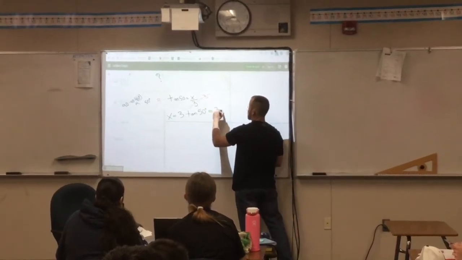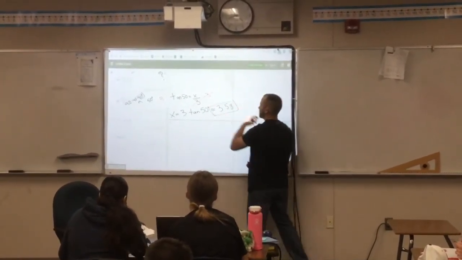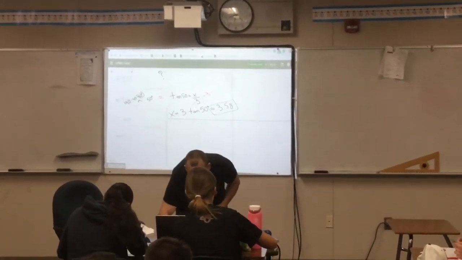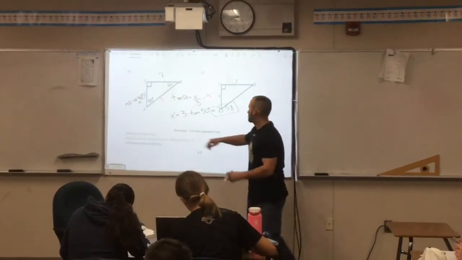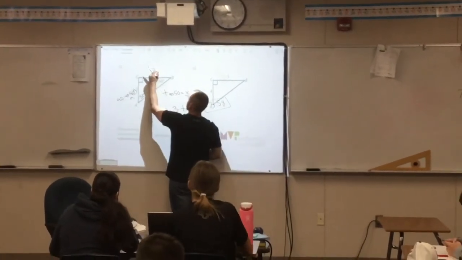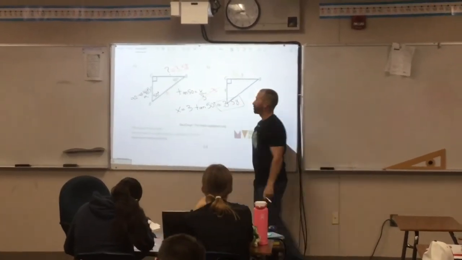So either 3.58 or 3.6. So that's what that missing side would have been. Remember this side here, our question mark, that's what we were looking for. That's where our 3.58 would go.